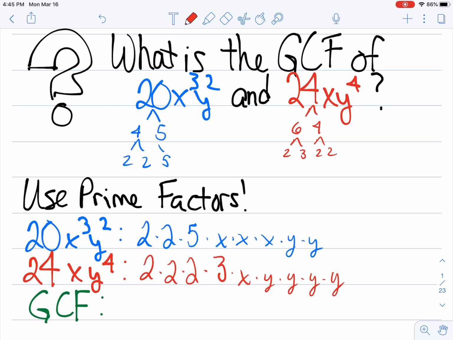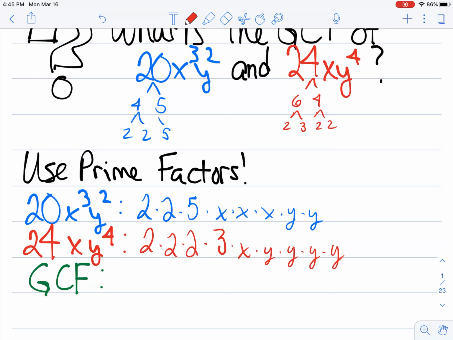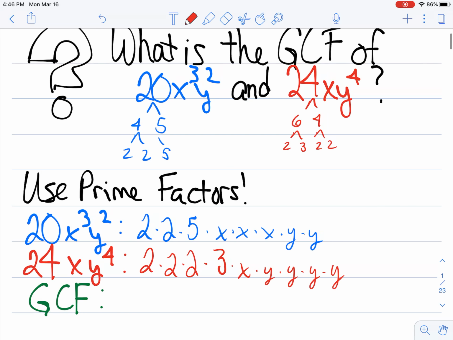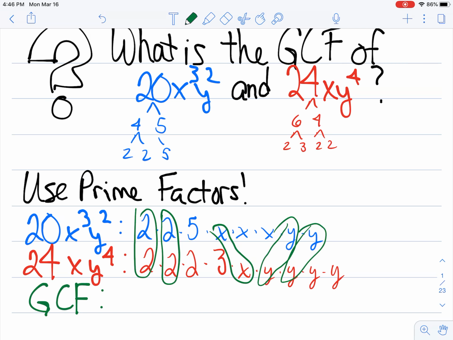Now, to get the GCF, all we have to do here is circle the common factors from the two terms. So we have a 2, we're going to circle that. And we have another 2, so we're going to circle that. And then I see we have an x that's in common. And it looks like we have 2 y's that are in common, 1 and 2.